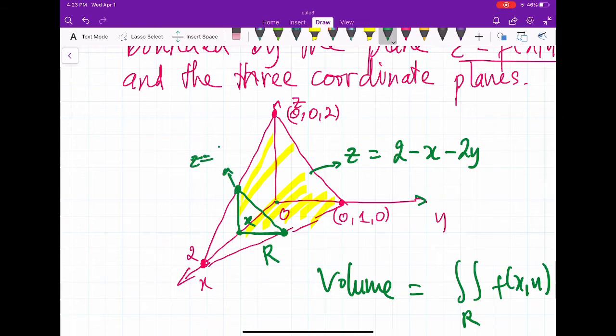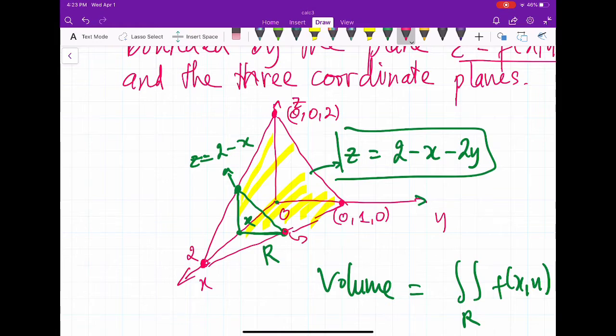The coordinate of this point is z equal to 2 minus x, because in this case y is equal to 0, and from the equation of the plane we have z equal to 2 minus x. For the second point right here, that is just y equal to 2 minus x over 2. Why? Because you plug z equal to 0 into the equation of the plane, and solve for y.